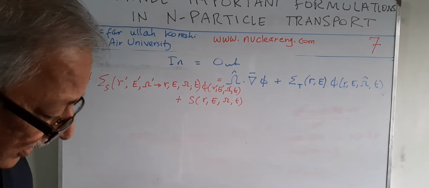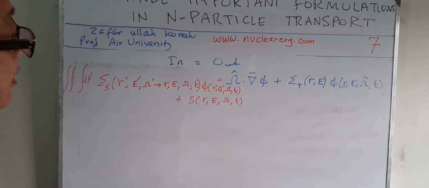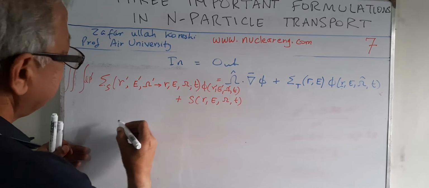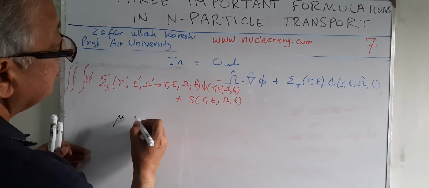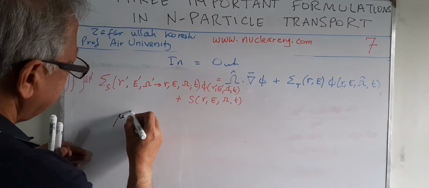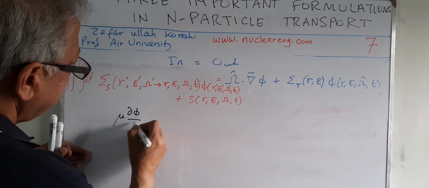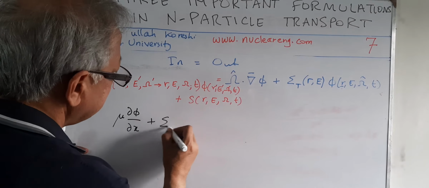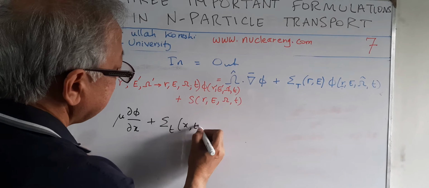Now, what does it look like? So let's write it in a slightly more elegant form. So let's say that I'm just interested in one angle over here. So mu, let me say that it's just one angle. So d phi by dx. Okay, let's just talk of x plus sigma t x e.